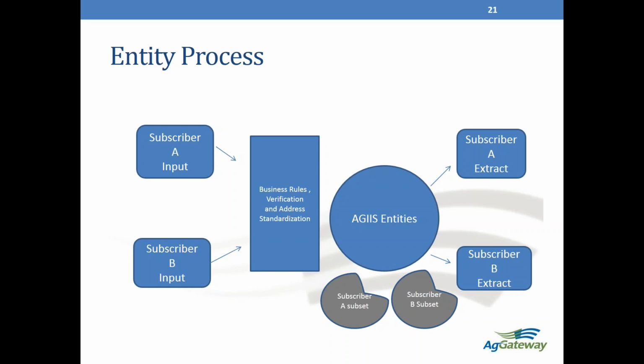As you can see at the bottom, there's subscriber A. He has his subset. Subscriber B has his subset. So as entities enter the system and as subscribers have entities in their subset, they receive extracts on a frequent basis as things change. The thought process is they are able to keep their internal systems synchronized with their trading partners in AGIIS as they apply updates to their database.